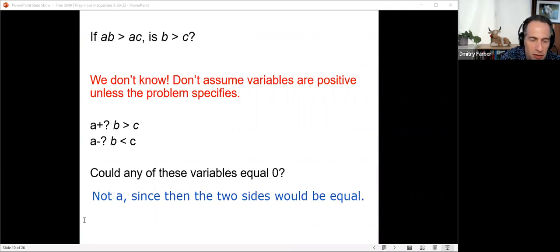Yeah, right. If B is greater than C, then we could have either of them really be 0, right? Because B could be 0 and C could be negative.